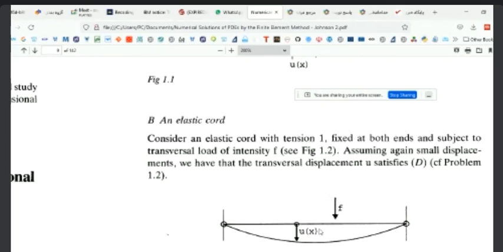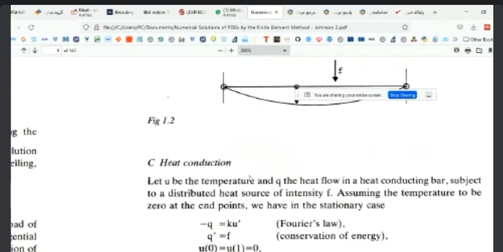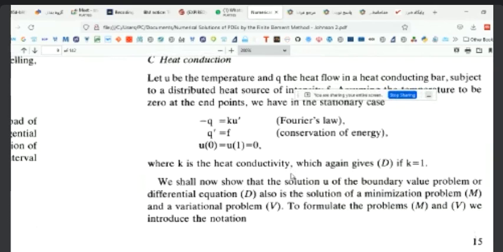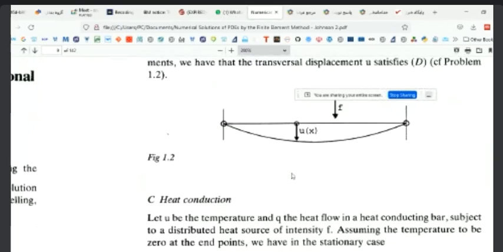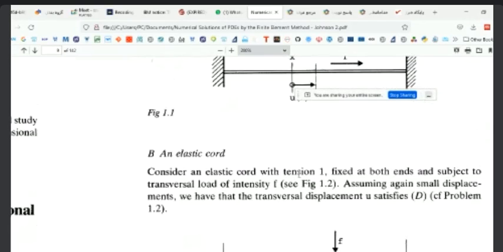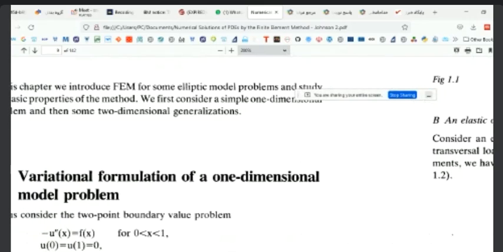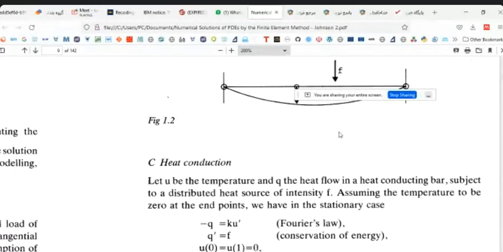We assume a small displacement here, so we can have another type of equation to model this system, this elastic cord.